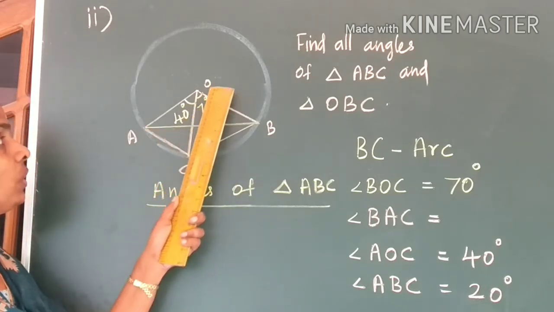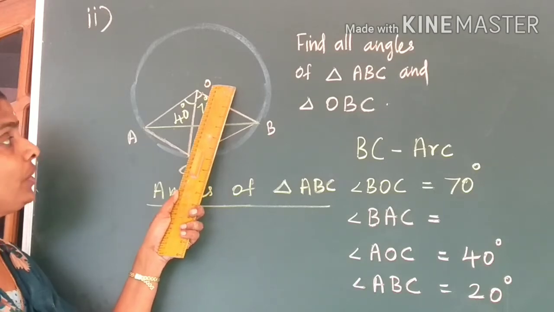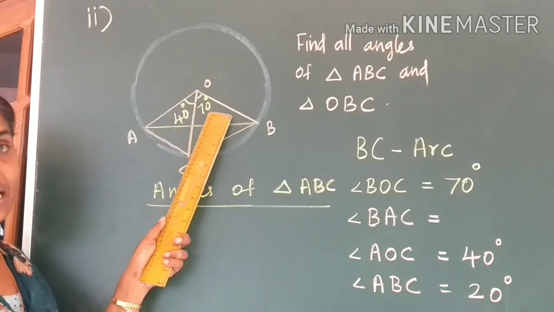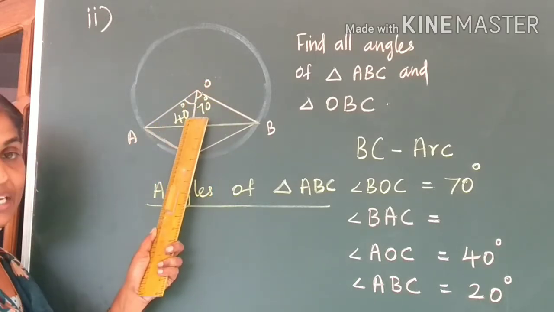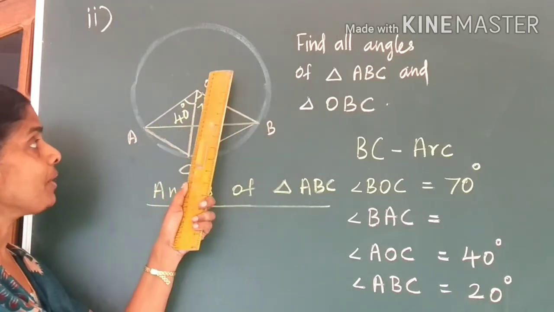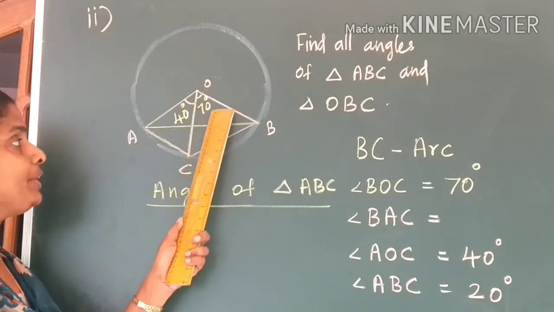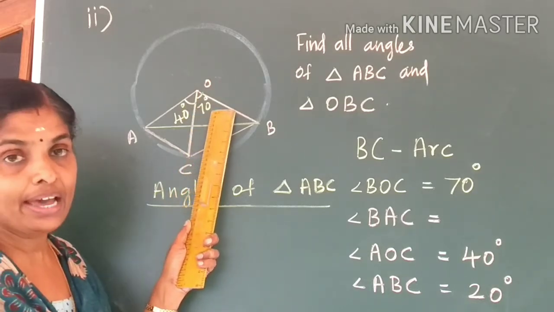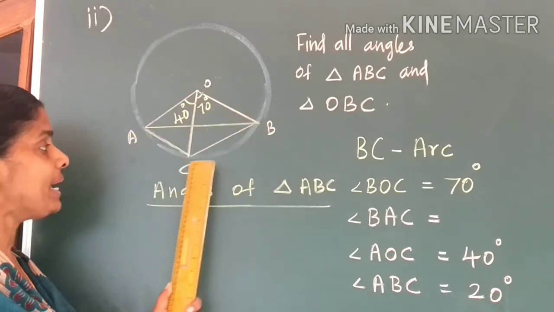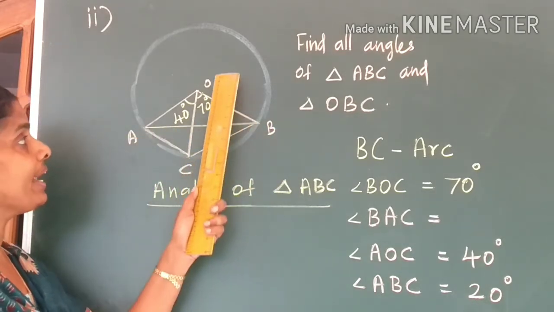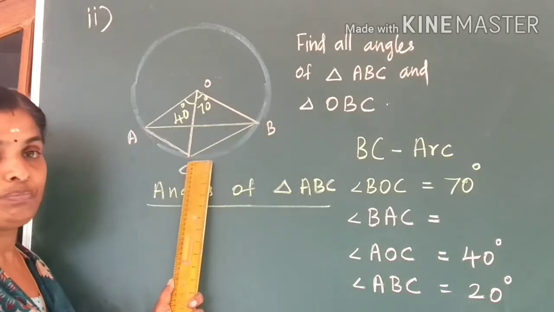You are given O to be the center. Two angles are marked. Angle AOC is equal to 40 degree. BOC is given to be 70 degree. We are asked to find the angles of triangle ABC and also triangle OBC.